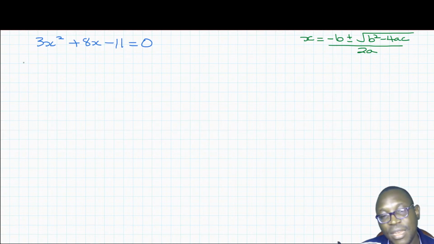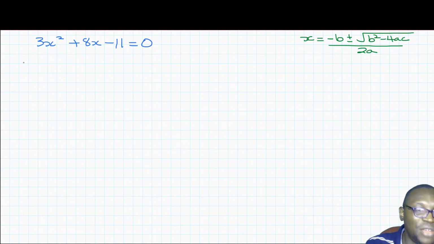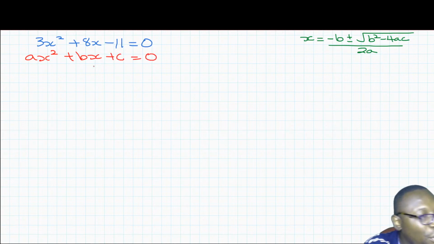So you will notice that everything that I'm going to show you is in steps, because I want you to be able to develop the steps that you can repeat so many times, because repetition leads to retention. If you repeat it enough, it would automatically become a part of the way you do your math. So let's go ahead with our standard quadratic equation, ax squared plus bx plus c equal to 0. So now we're going to get the values of a, b, and c.